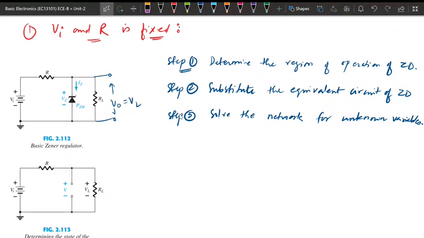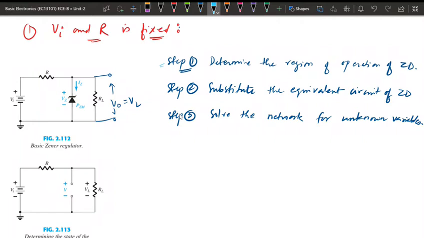So we will be proceeding with the first. Suppose this is the given circuit. In that circuit, the input voltage and resistance are constant, that is fixed, and we need to find the output voltage. The first step is to determine in what particular region this diode is working.